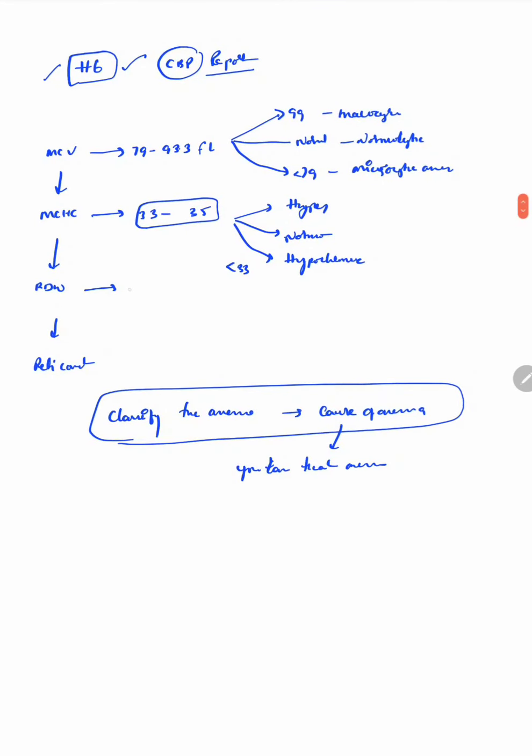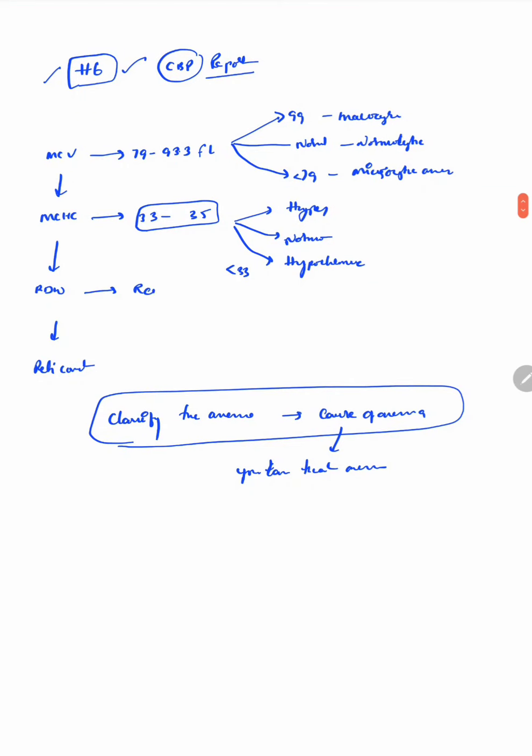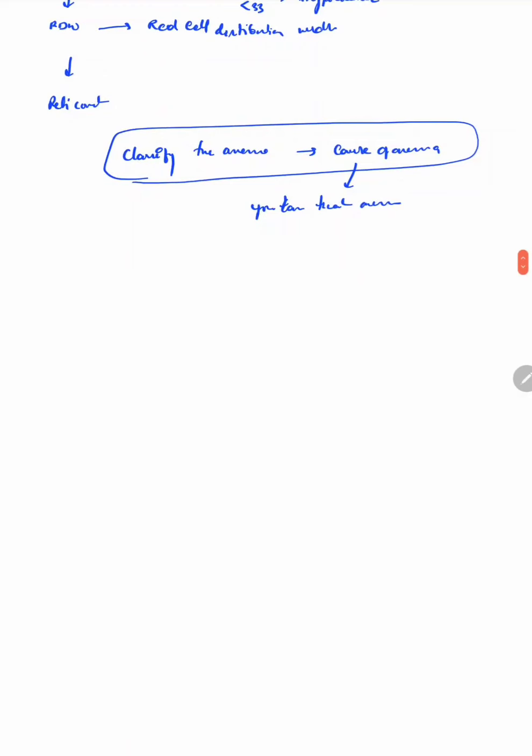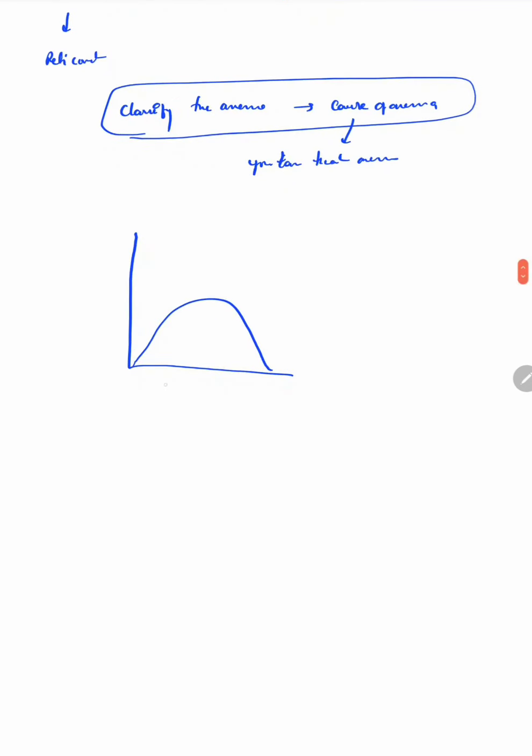What is RDW? RDW is red cell distribution width. It is extracted from a graph given by the CBC machine, which plots the various sizes of RBCs.